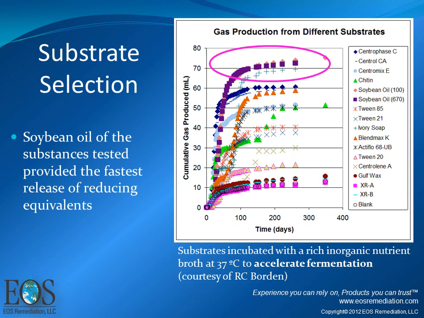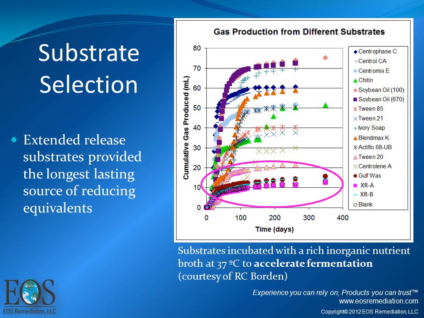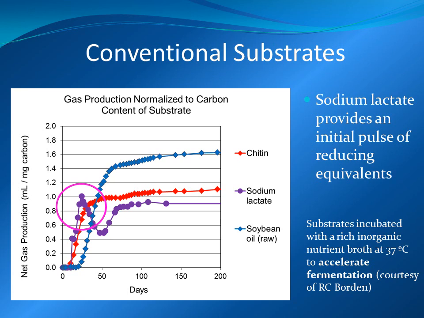Taking a look here, this is soybean oil, and this is what's typically used in emulsified vegetable oil. In this graph, for comparison, the fastest release of reducing equivalents. Then taking a look at extended release substrates. These provide the longest source of reducing equivalents, as you can see here in this oval. So let's take a step back and look at conventional substrates.